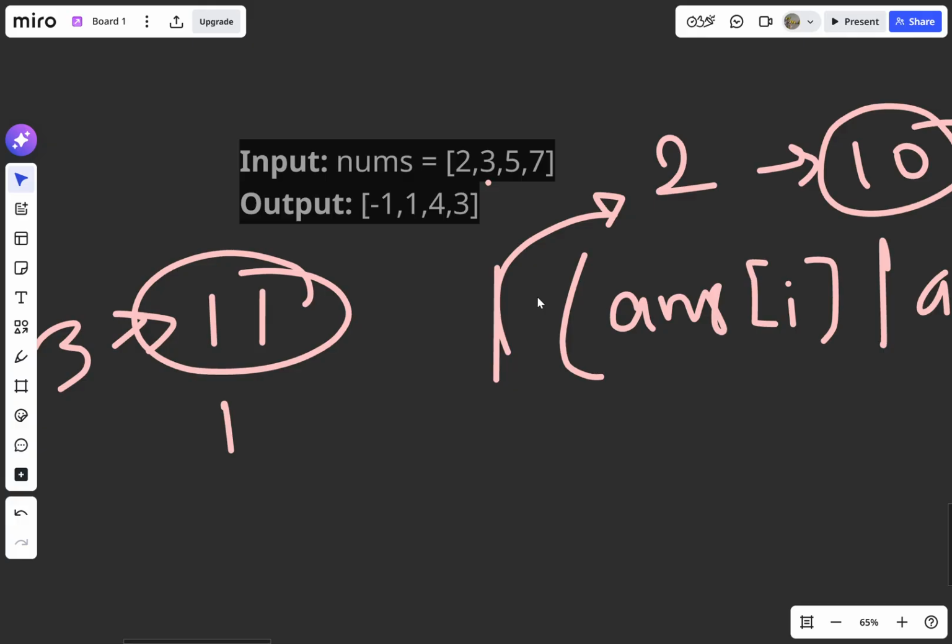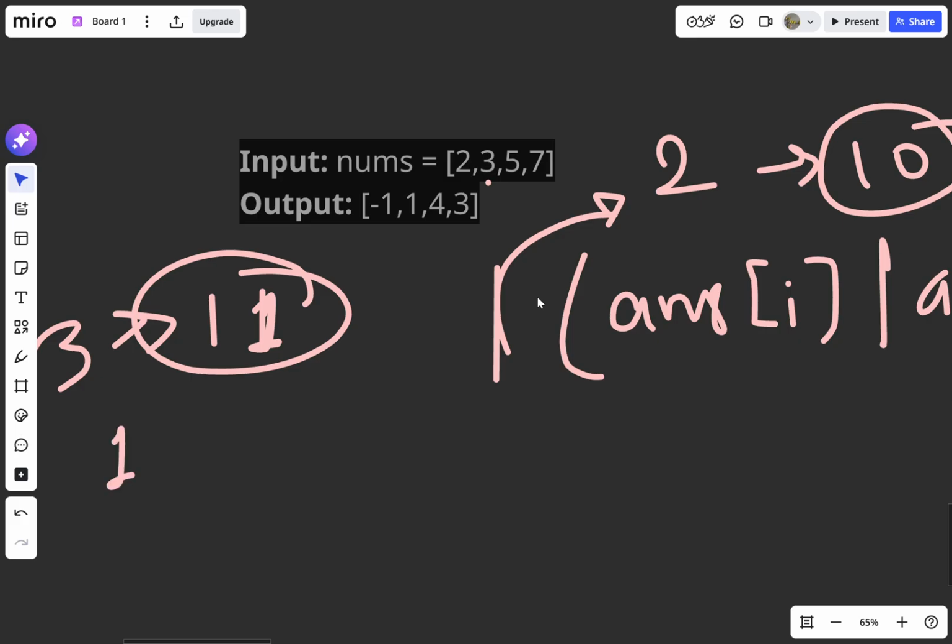Now for 3, to minimize the answer of i, we can take 1. Why will we take this?